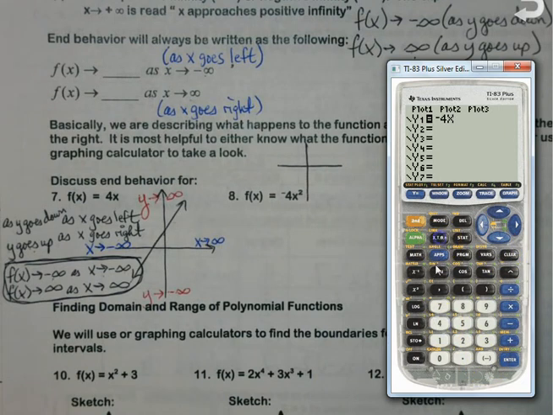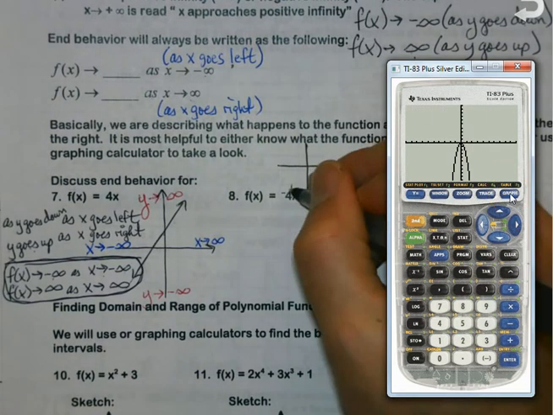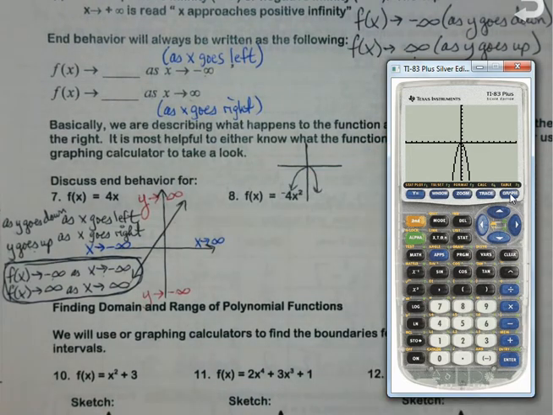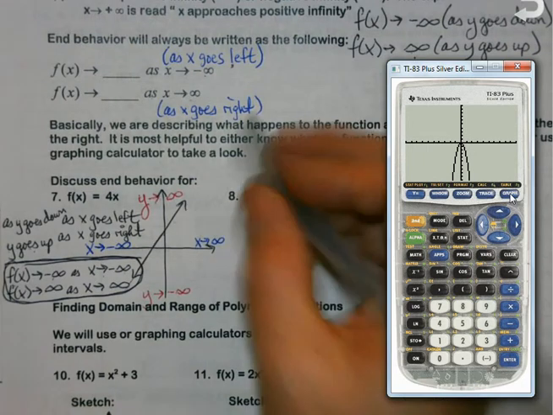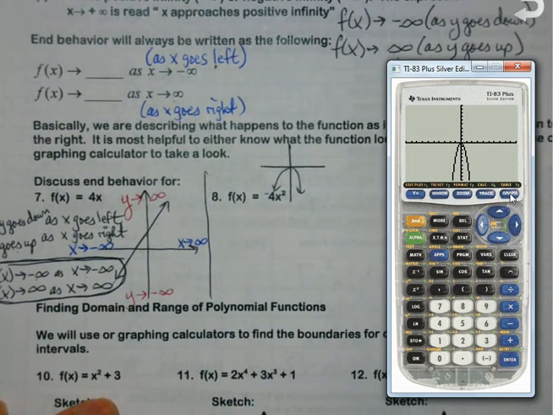Negative 4x squared. Graph. Sorry. So we've got a parabola that's opening down. Now again, it doesn't have to be perfect. So I look and I say, okay, what do I notice about all of my directions here?